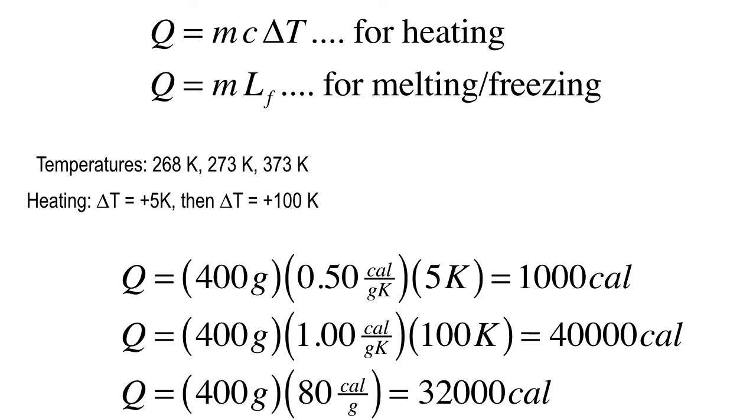So that means for every gram of ice that I've got, I have to add 80 calories to break it up from solid into liquid. Now I've got 400 grams, so I just go 400 grams times 80 calories per gram. Grams cancel, and that tells me how much it takes to break those crystalline bonds and convert all the solid into all liquid.